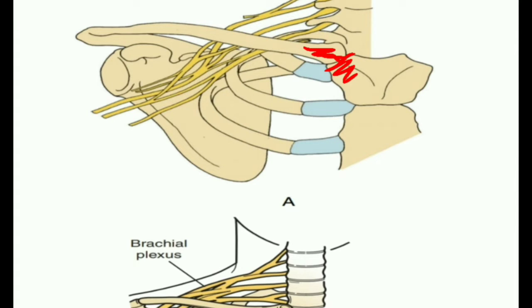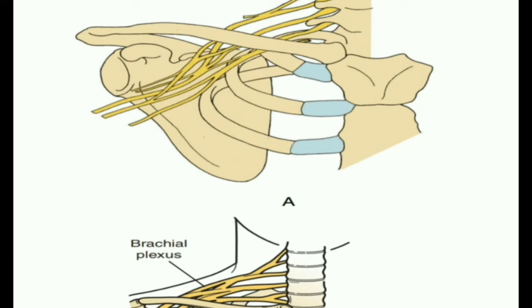That means it is reciprocally concave convex. So here the clavicle is concave and the manubrium of the sternum is convex like this. So here they articulate.